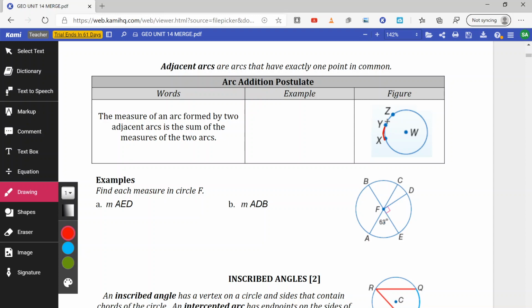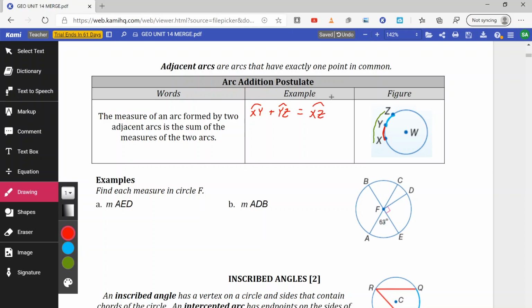We have arc XY, arc YZ, and arc XZ. So what this means is that arc XY plus arc YZ equals arc XZ.